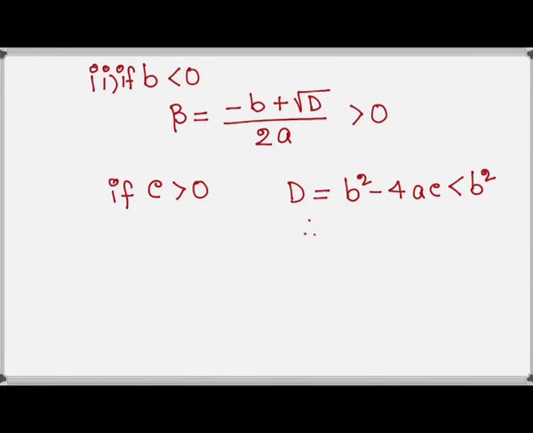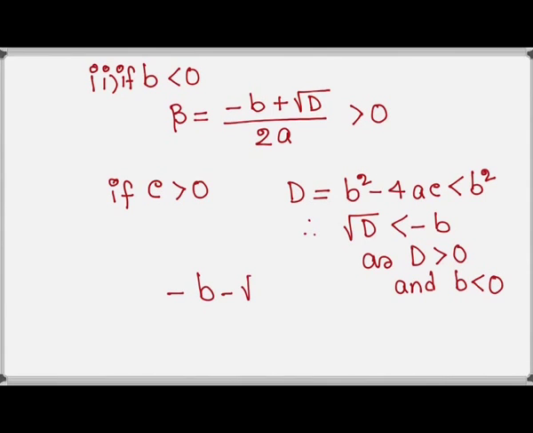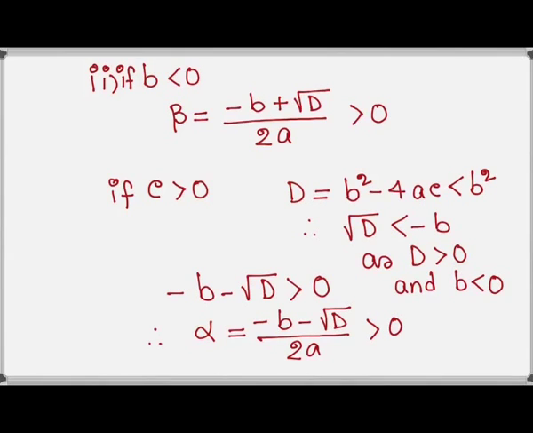So therefore we can say that square root of D is strictly less than minus b, as D is strictly bigger than 0 and b is strictly less than 0. And from here we can conclude that minus b minus square root of D is strictly bigger than 0. So therefore alpha, which is minus b minus square root of D divided by 2a, is strictly bigger than 0. That is, the sign of the solution alpha is positive.